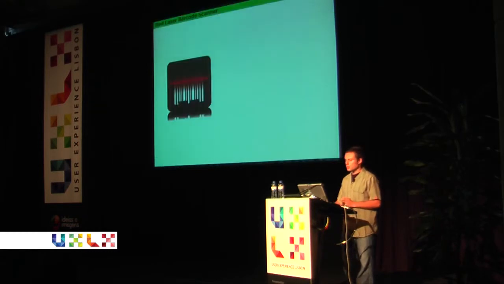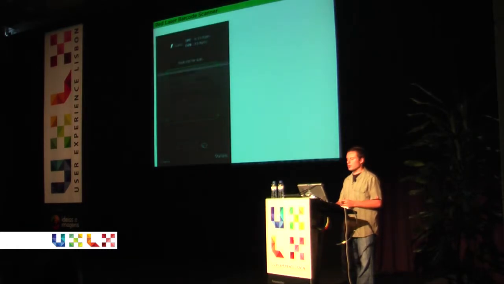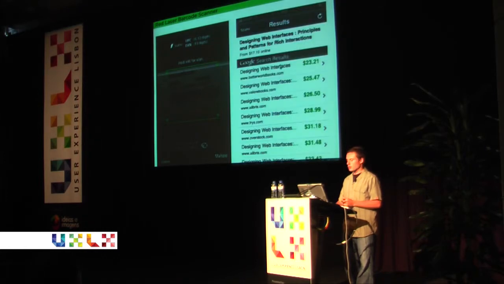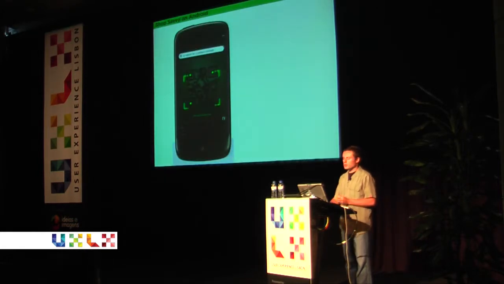As an example, there's an application out there called Red Laser. Red Laser allows me to scan the barcode of Bill's excellent book, who's back there, and I can see how much it costs everywhere online. The Shop Savvy application on Android will scan both 2D and 1D barcodes, so you can scan a QR code here.